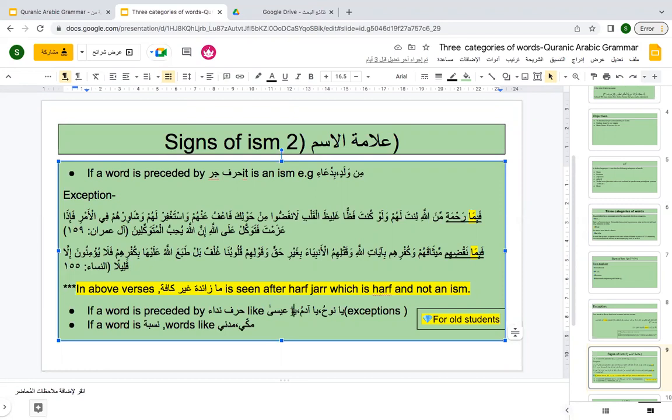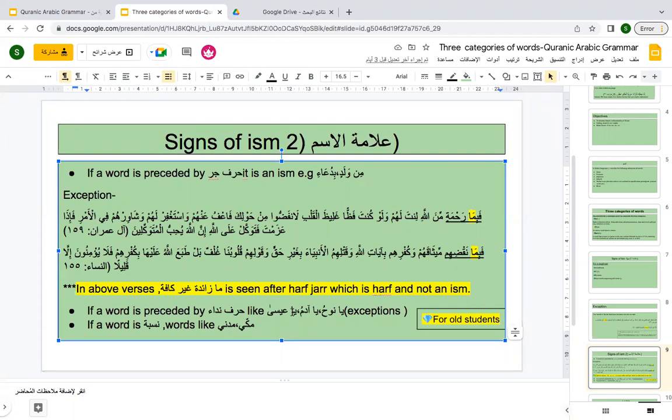These 3 signs that I just mentioned are not as strong signs as we discussed in our previous session. They are going to denote that the word following them is an ism. The first two particles, the word that follows them is an ism, but there can be exceptions.